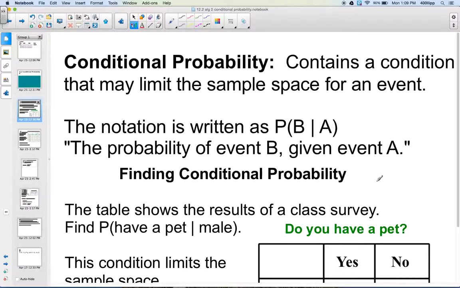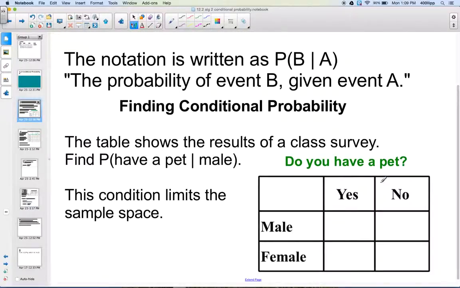Okay, so finding conditional probability. This is one of the problems we did in class, where we filled out a class survey. I'm going to make up the numbers since we don't have a class here. We'll say we're looking at a table that shows the results of a class that have a pet.